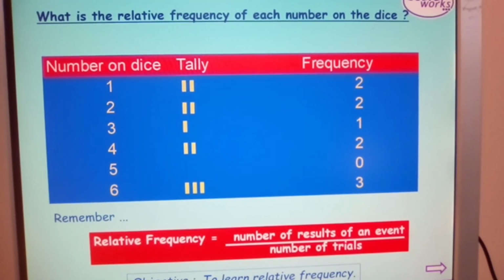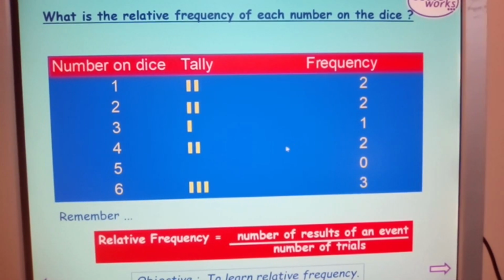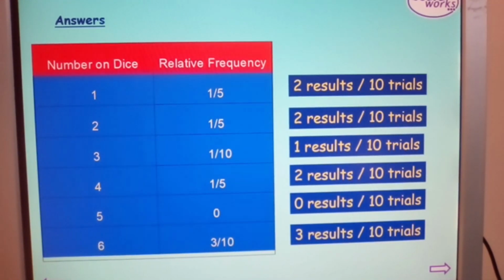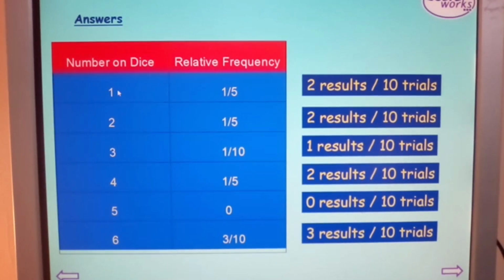So, number on dice, and remember that the relative frequency equals number of results of an event over number of trials, and we know the trials was 10, okay? Let me just go back a little bit because number on dice is 1.